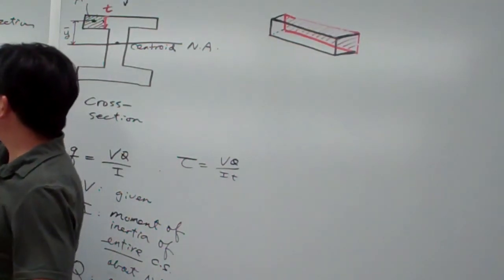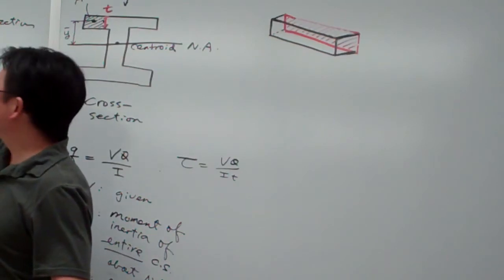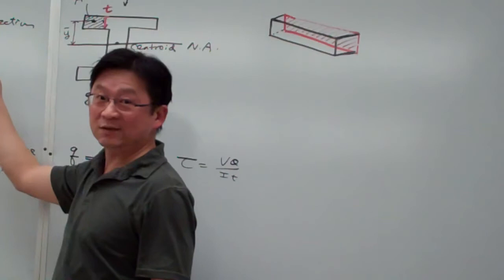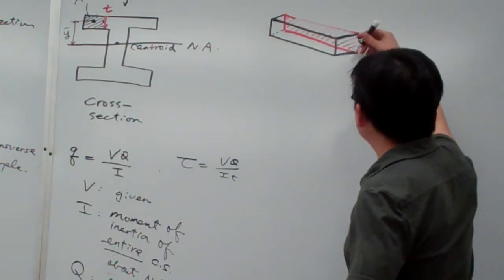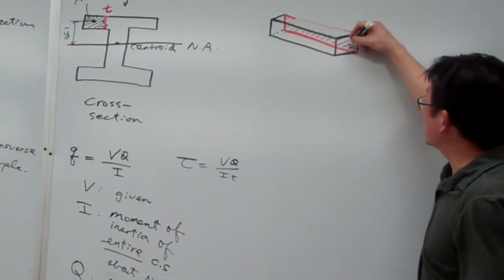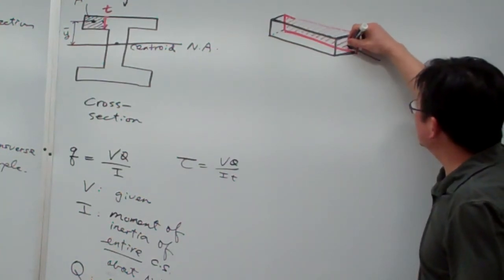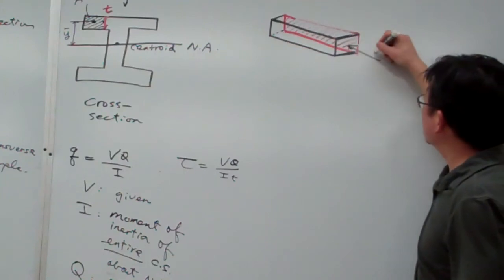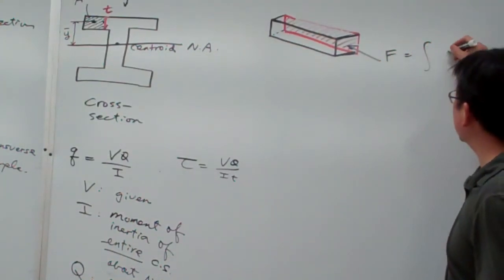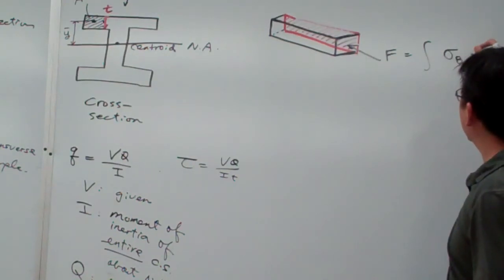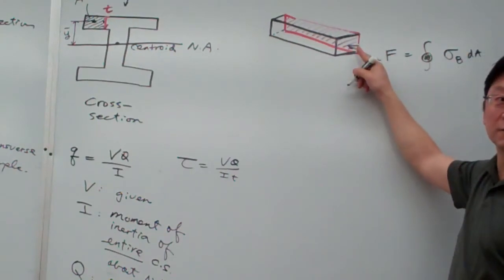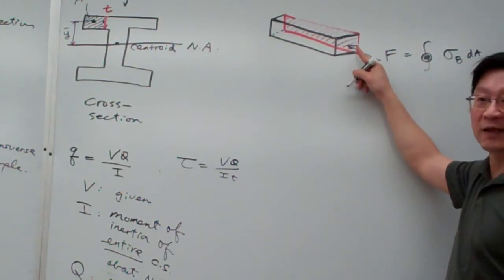The bending is bending this way, so on this cross section, all the bending stress is compressive. Then we take the surface integral, so the equivalent force due to bending stress is like this. In magnitude, that is bending stress integrated over dA, over this cross-sectional area. Is that good?